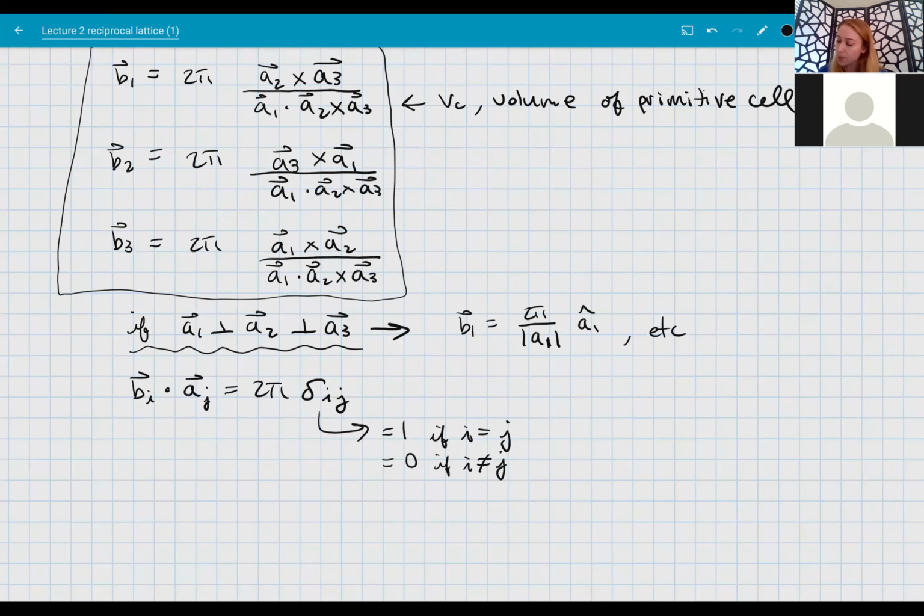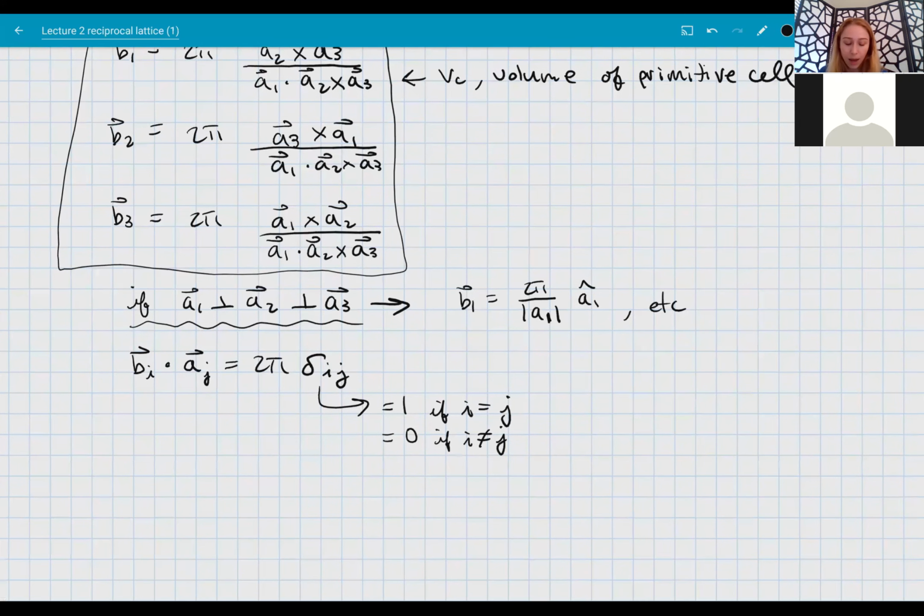Some notation that we're going to be using is that we can construct all of the reciprocal lattice vectors in the following way.